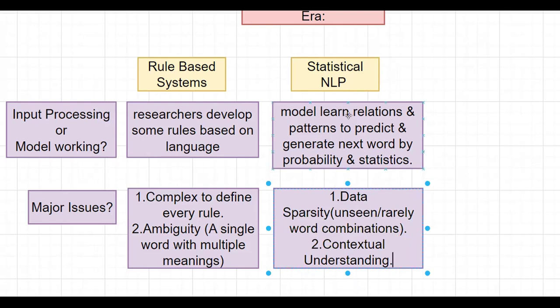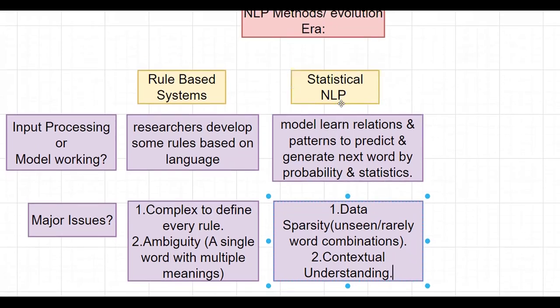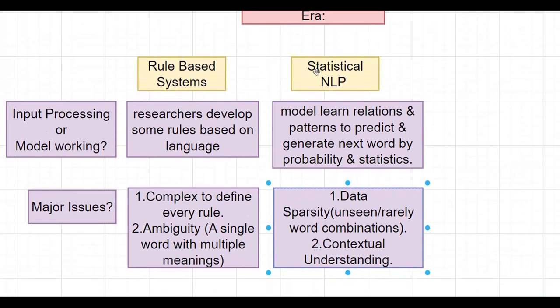So it will predict the response based on probability, but that prediction may not provide the correct response. That is one of the major issues we face while using statistical NLP. One more thing is understanding the user-provided context.